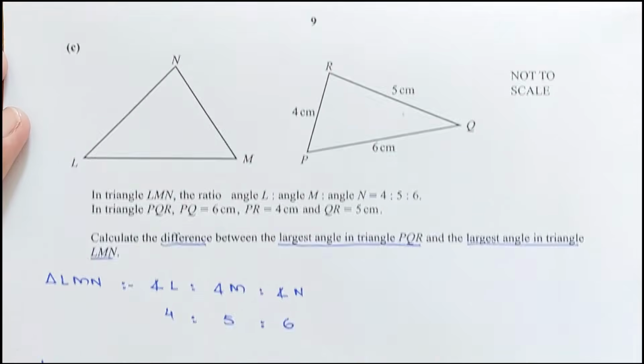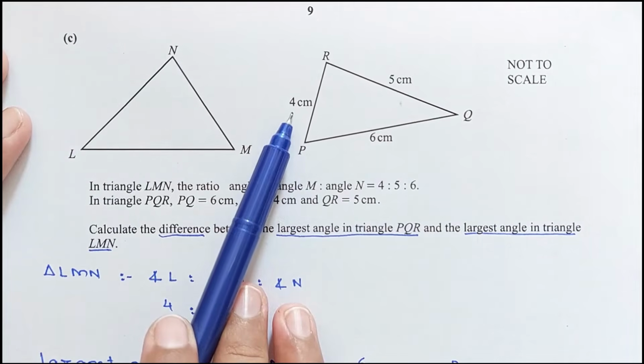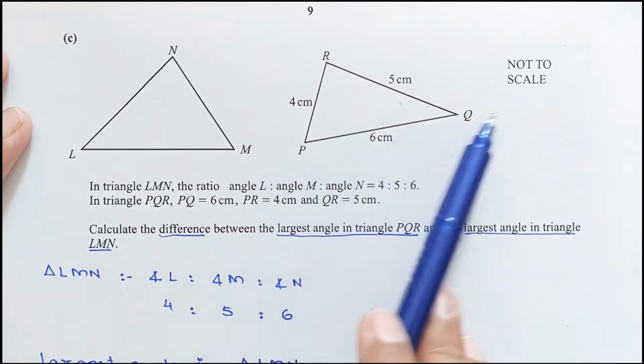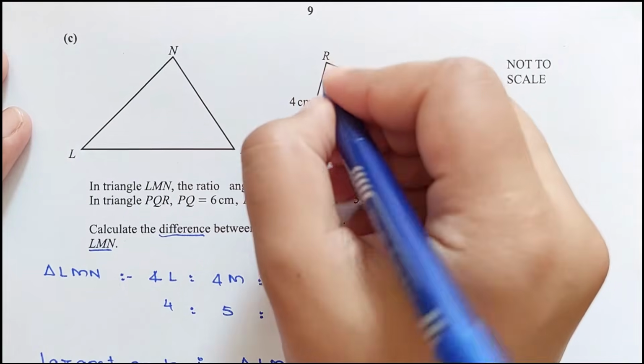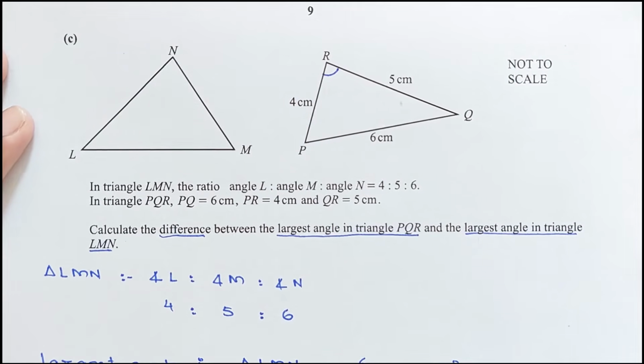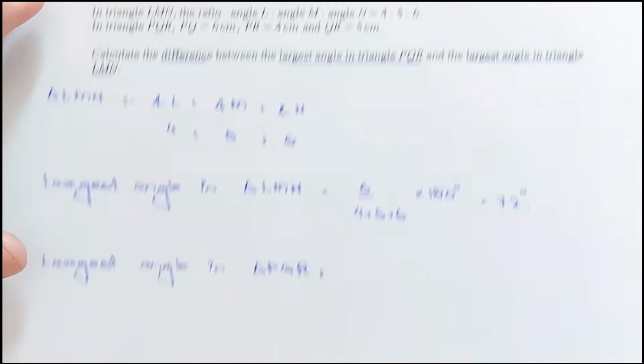So look at the triangle PQR. 4 centimeter, 5 centimeter, 6 centimeter. PQ is the longest side. It means angle R is the largest angle. Applying the law of cosine, we have given 3 sides and solving for the angle.